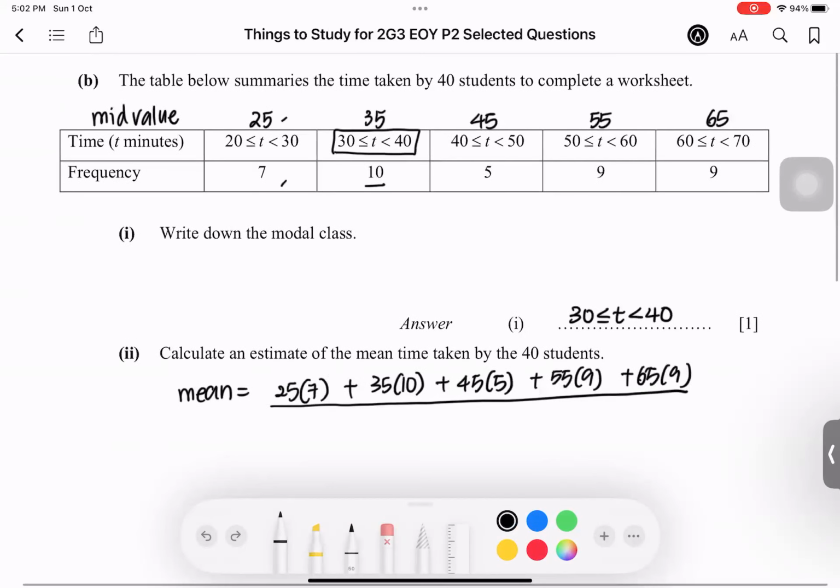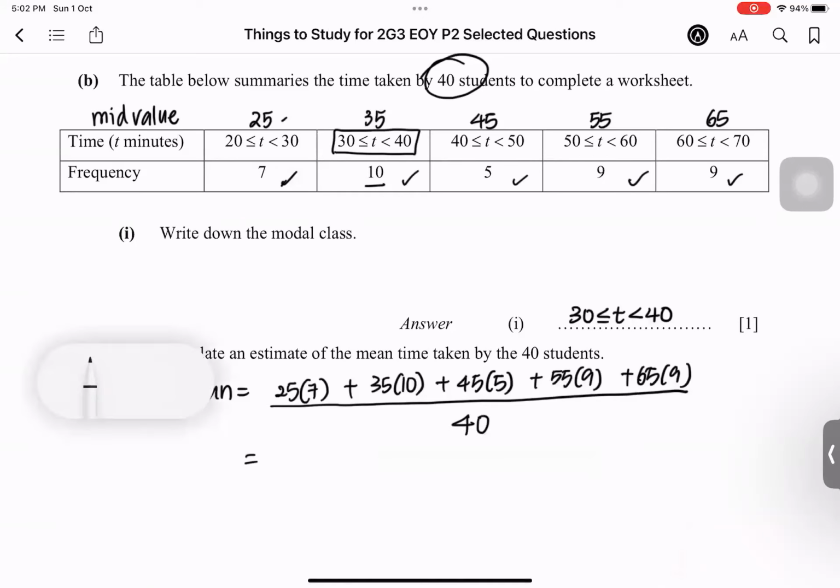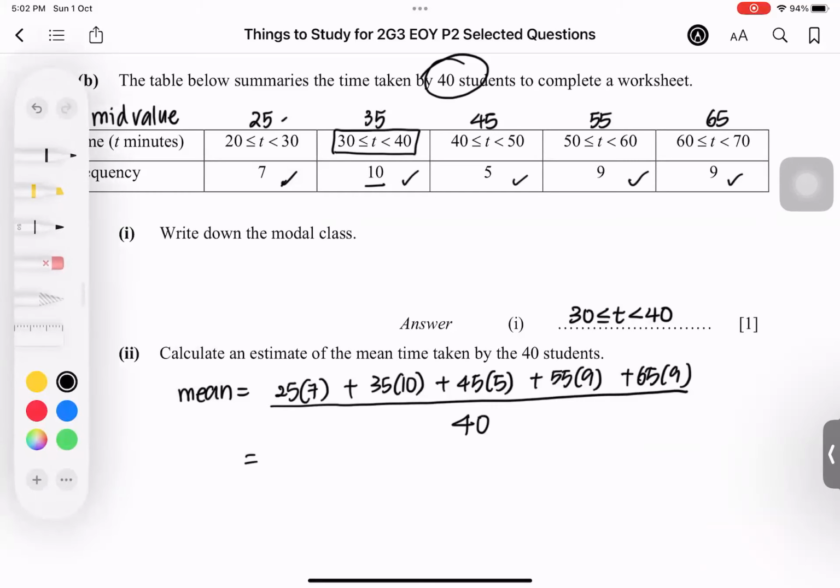What's the total frequency? 7 plus 10 plus 5 plus 9 plus 9 equals to 40 students. That's how we get an estimated mean.